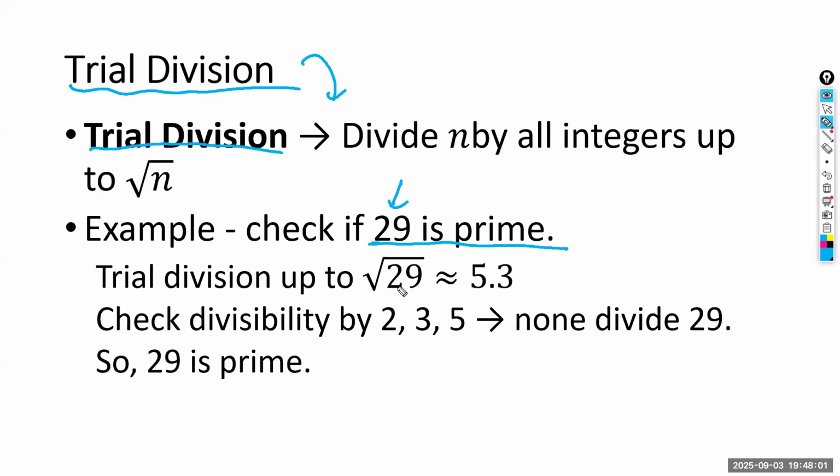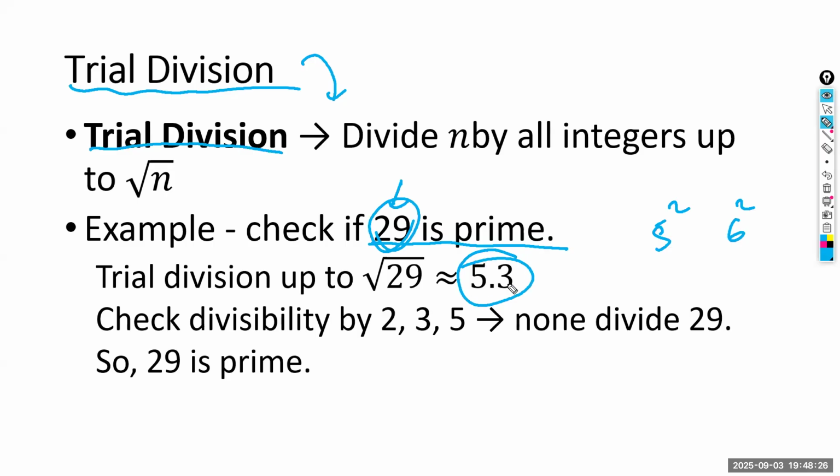Find the root of 29 roughly, you don't need the exact value. 5 to the power 2 is 25, 6 to the power 2 is 36. So this is between 25 and 36, so it must be 5 point something.